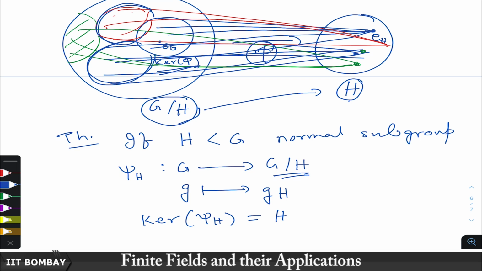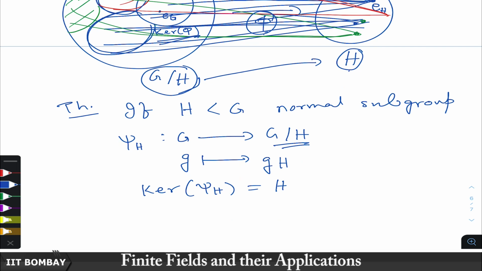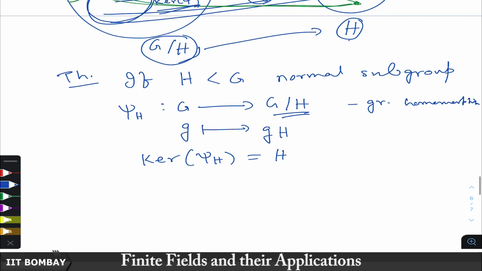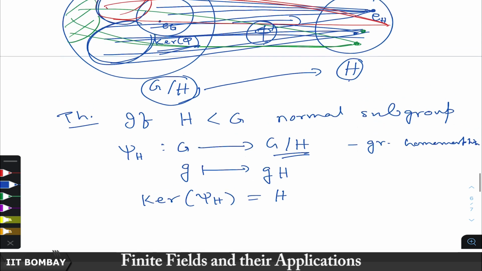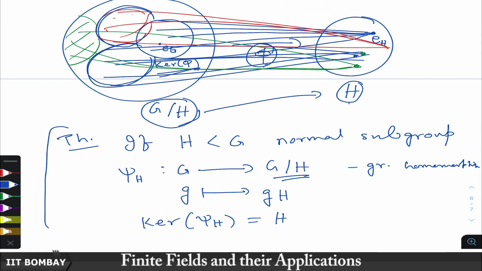So, this is a group homomorphism. As I said, for a given subgroup, one can define a natural, canonical map from G to the quotient group.